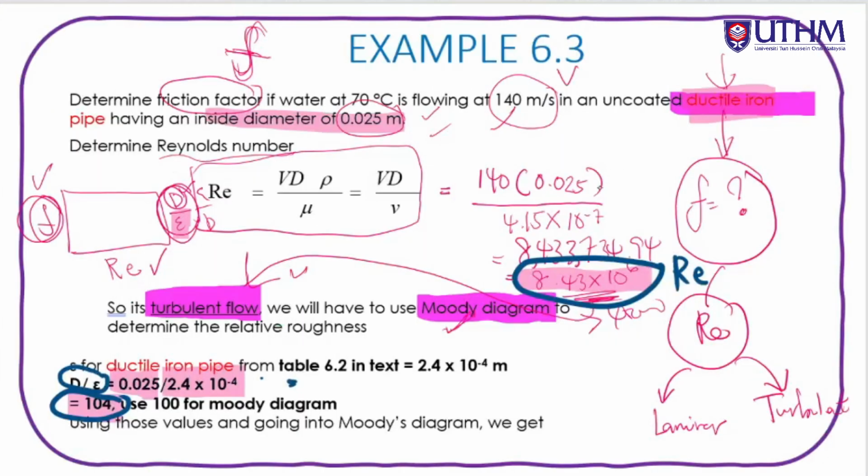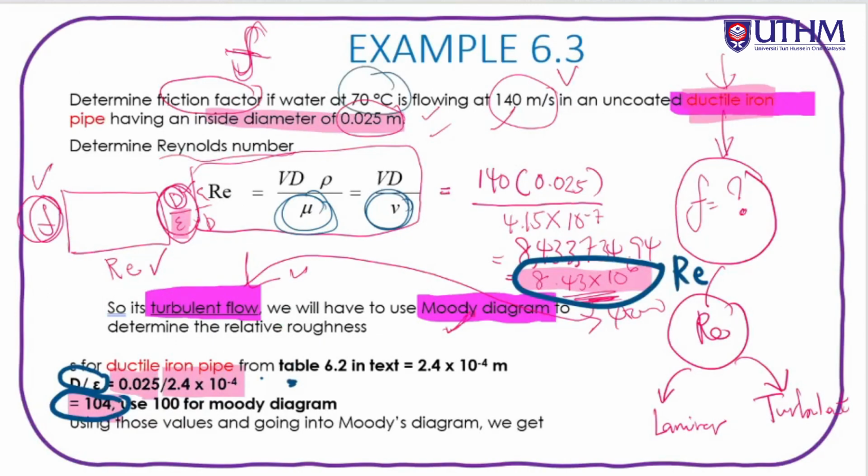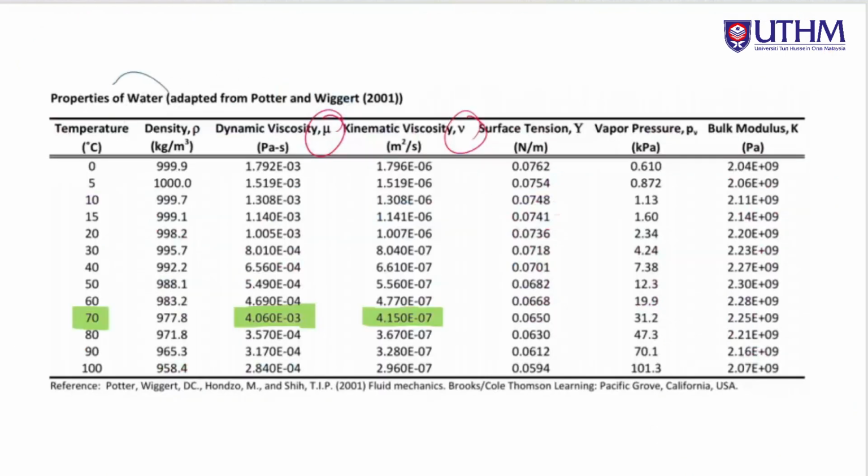Untuk kira this Reynolds, since the kinematic viscosity tak diberi kan, ataupun ini depends lah yang mana kita nak guna. Actually, kita kena boleh refer table lah kan. Macam dia kata kat sini, at temperature 70 degree Celsius dengan water kan, kita boleh guna water punya properties punya table at 70 degree.